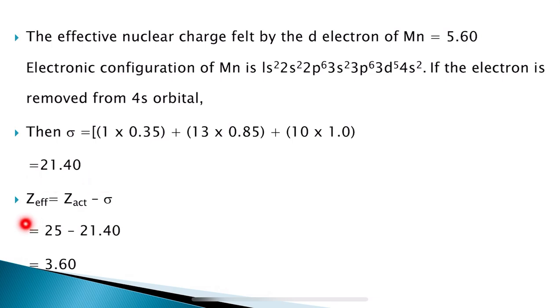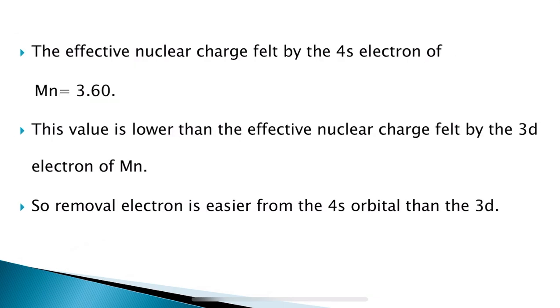Now let us calculate Z effective, which is Z actual minus the screening constant, 25 minus 21.40, which is equal to 3.60. So the effective nuclear charge felt by the 4s electron of manganese is 3.60.